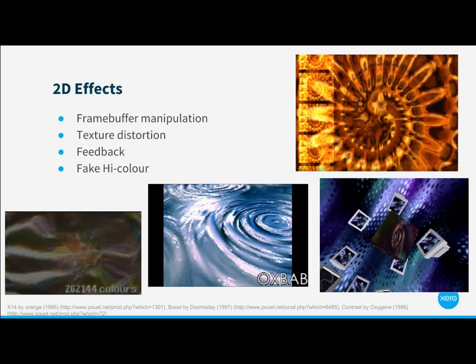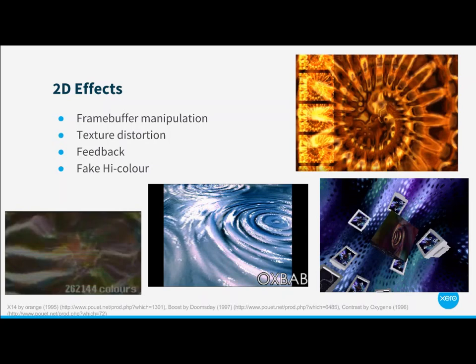You could do texture distortion type of things, where you would have a big array that said, when you render this pixel, go to this place in the texture. And you could do things like tunnels and all these other trippy effects.